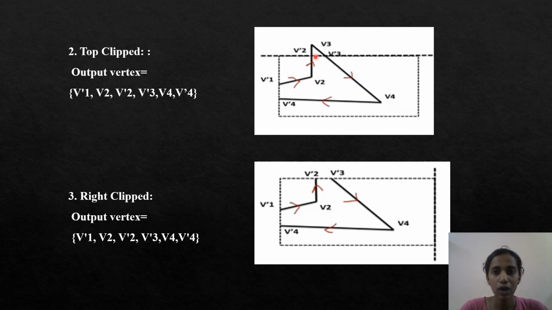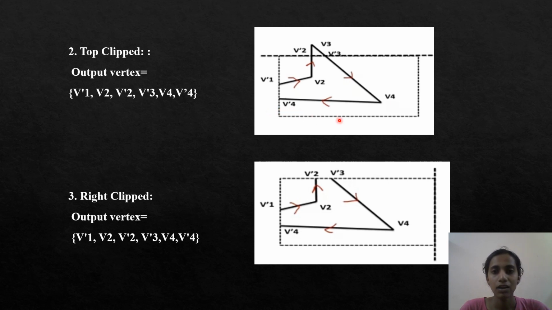For V2 and V3 we will consider only V2 dash, and for V3 and V4 we will consider V3 dash and V4, as in case 3. And for V4 to V4 dash we will consider both V4 and V4 dash, because it is inside the clipping window.